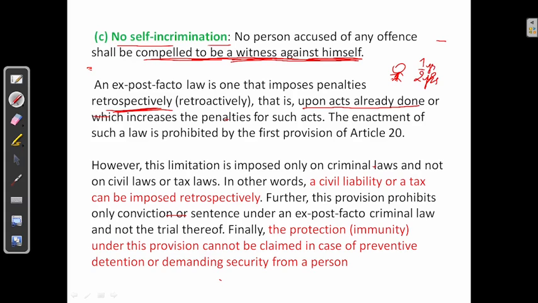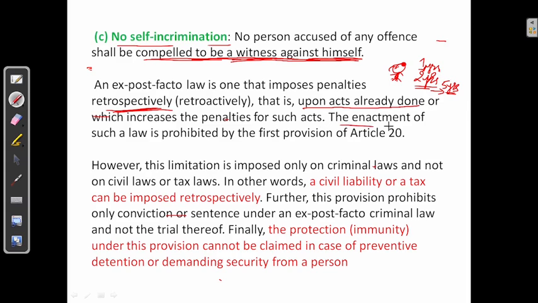Now there is a change in the law, and the offence he committed is punished with 5 years of imprisonment. Then his 2 years of imprisonment is continued to 5 years. That is retrospective.